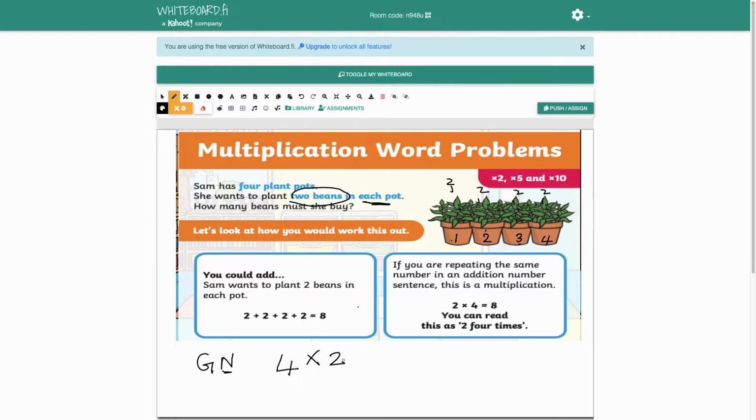So, 4 into 2 equals 8. 4 pots into 2 equals 8. You can even write it as 2 plus 2 plus 2 plus 2 equals 8, or you can write it as 4 into 2 equals 8. There is no harm if you write 2 into 4 equals 8.